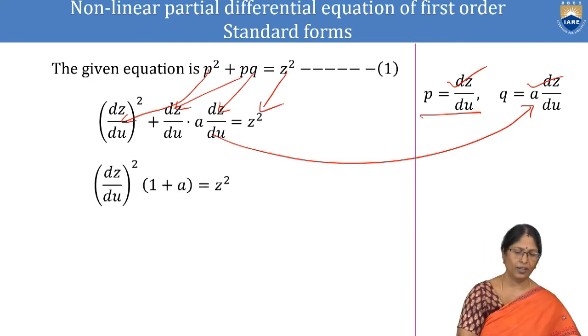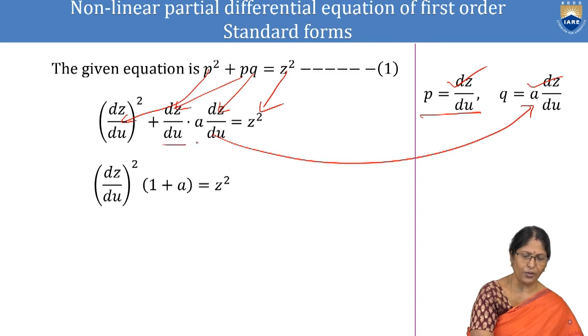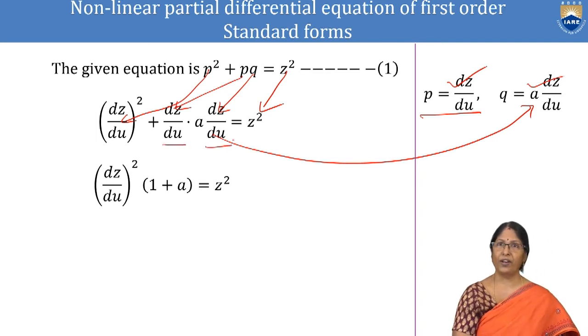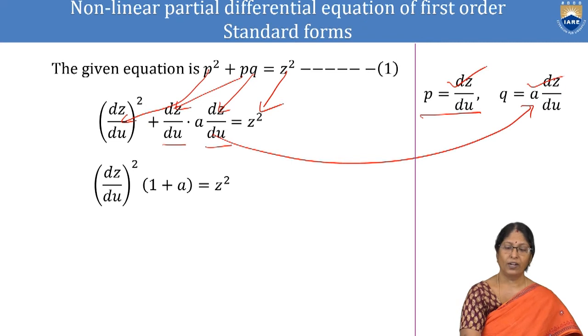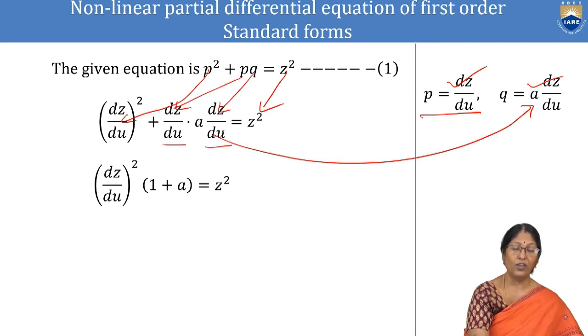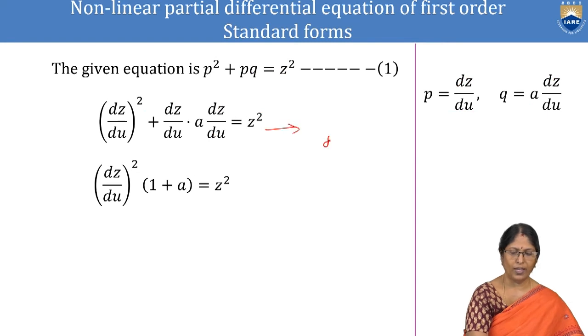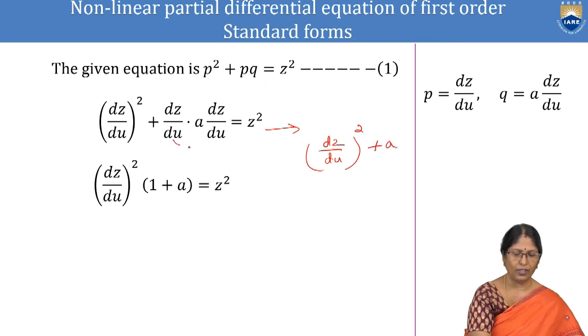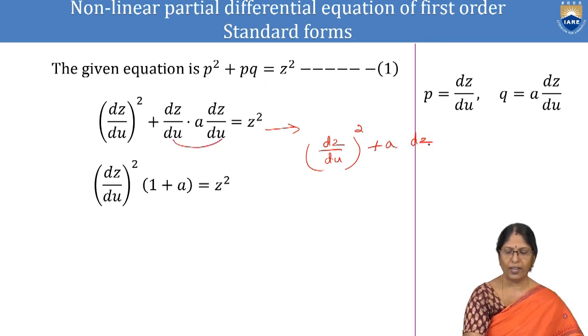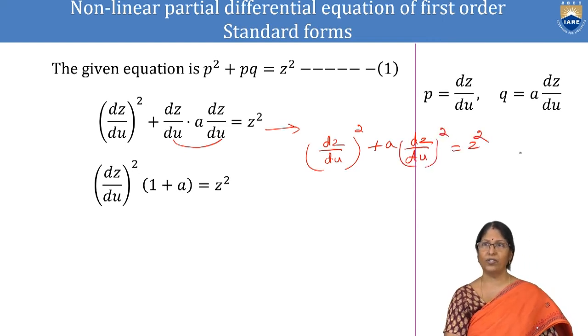Simplifications we are doing. Here dz/du times dz/du is (dz/du)², plus a times (dz/du)², which is equal to z².